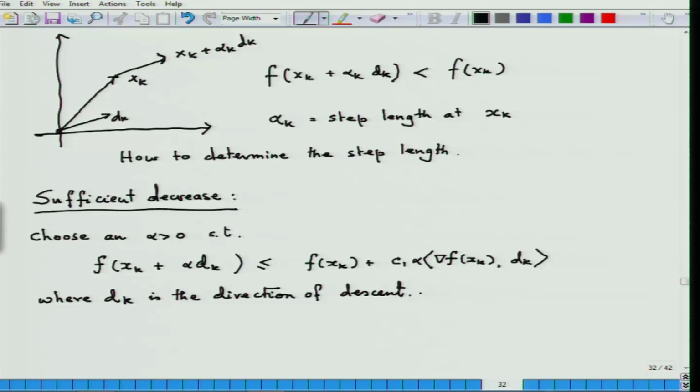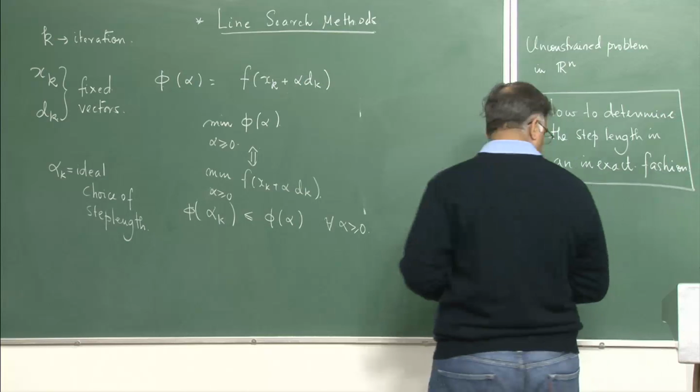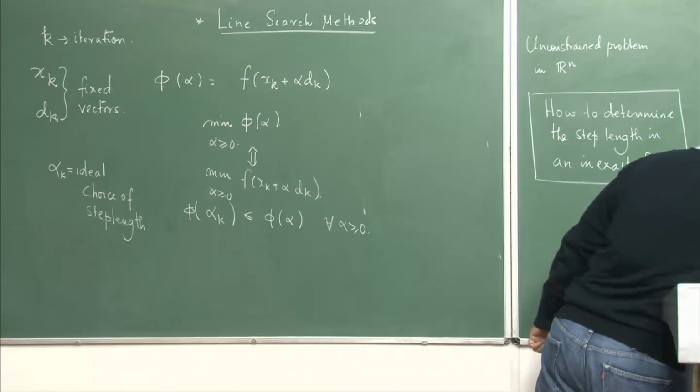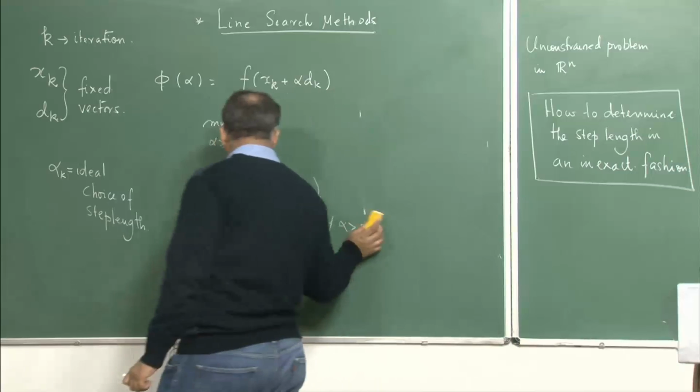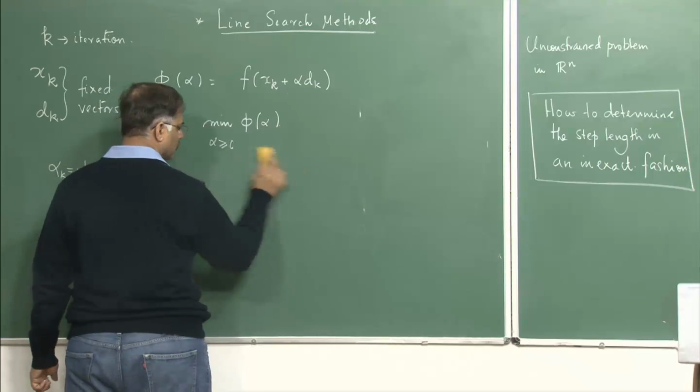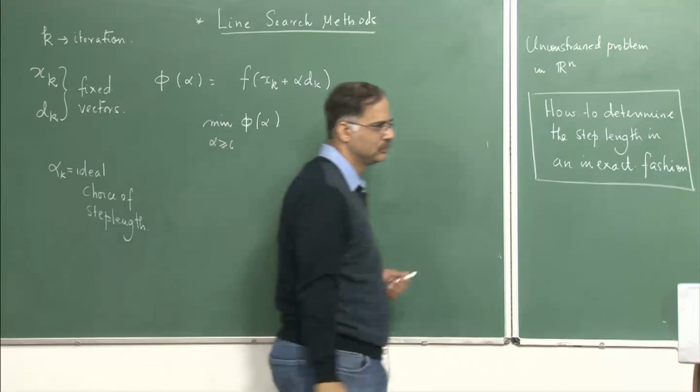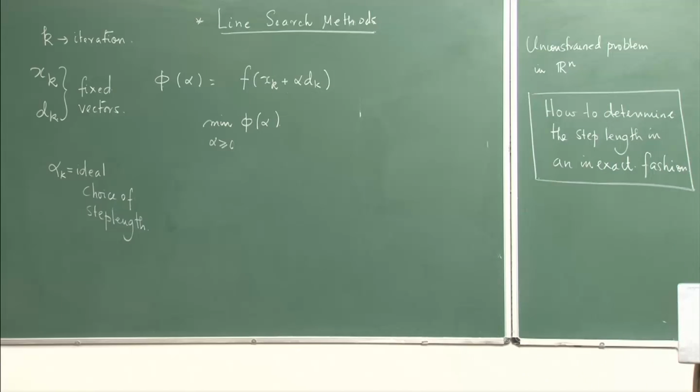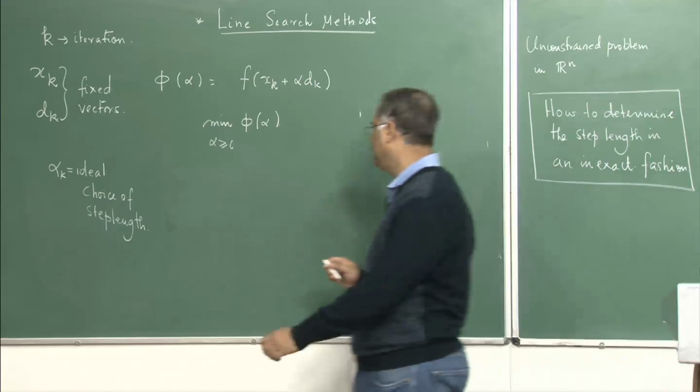Where is c1 from? c1 is some number chosen between 0 and 1, excluding 0 and 1. So, you have to find an alpha.